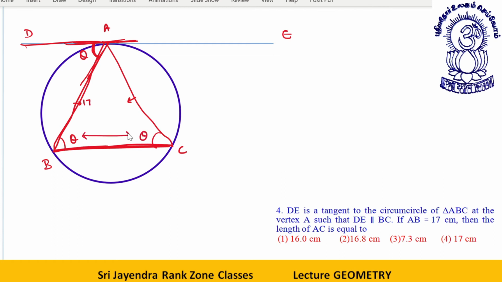If these two angles are theta, then the sides opposite to these angles will also be equal. This is equal to 17. Therefore, AC is equal to 17. This is your answer. Okay, clear to all? Fine. AC is equal to 17.